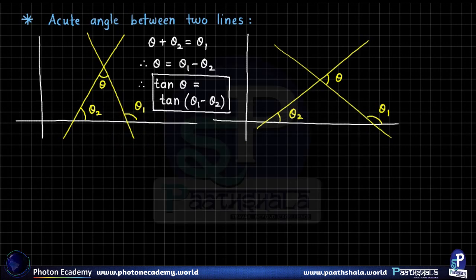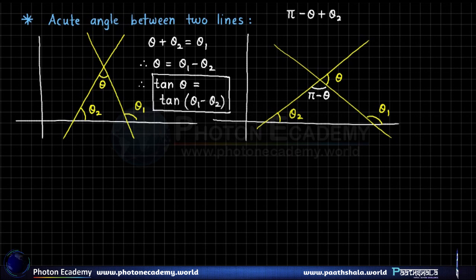Now in the second case, since theta is the outer angle, the inner angle, that is one of the remote interior angles, is pi minus theta. So clearly by adding that we get pi minus theta plus theta 2 is equal to theta 1. Therefore pi minus theta is equal to theta 1 minus theta 2.